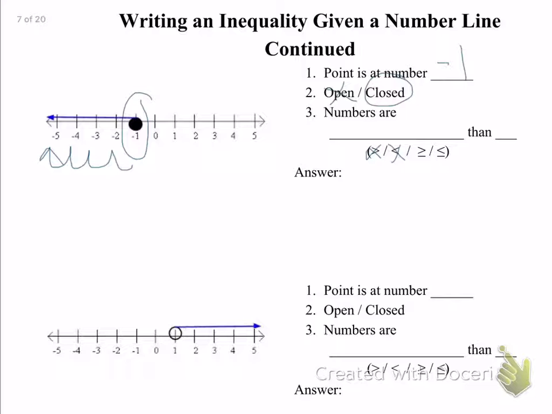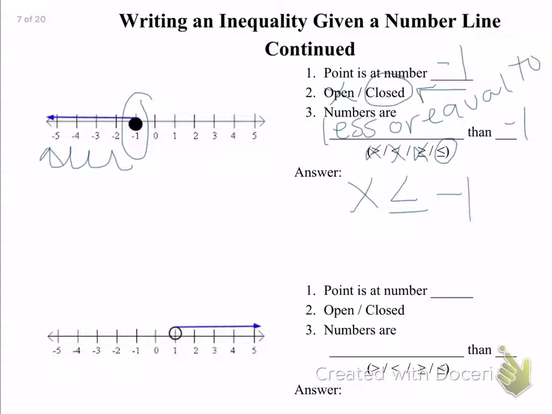You can see that the numbers are less than -1. But keep in mind they're also less than or equal to, just because that circle is closed. So we're going to be using this inequality symbol: x is less than or equal to -1.